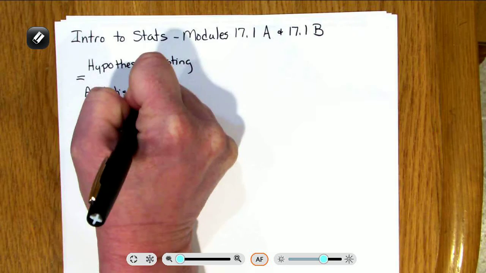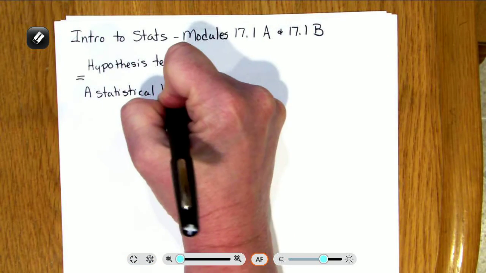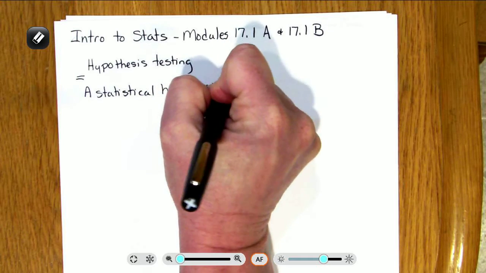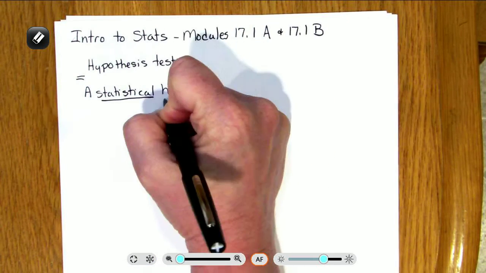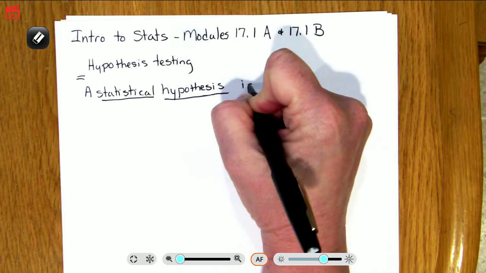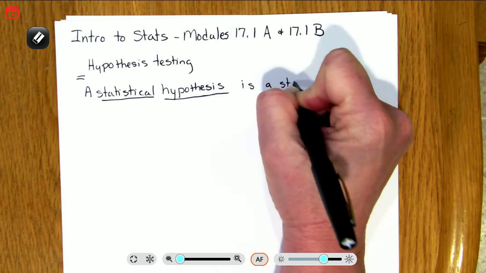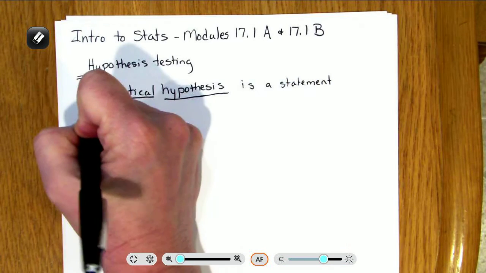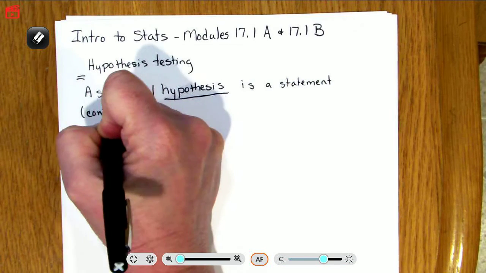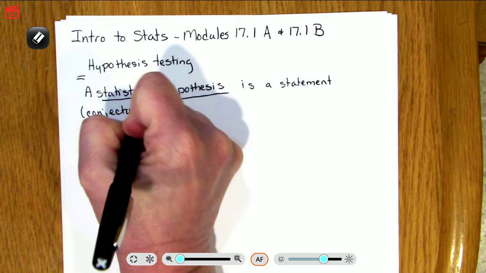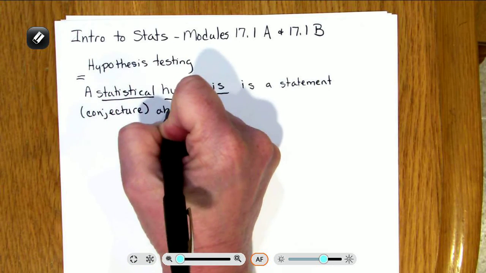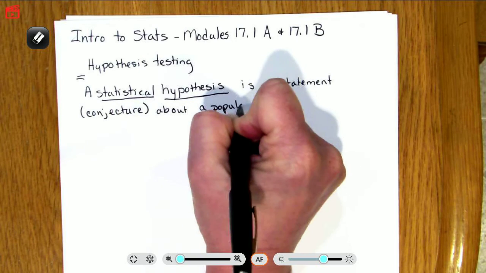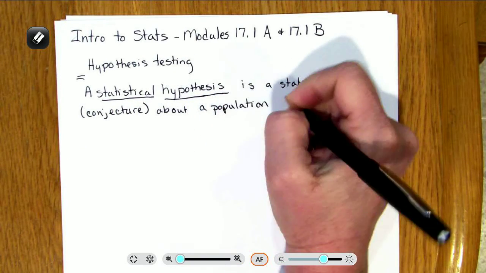So a statistical hypothesis, first of all, what that is, is a statement or a conjecture, make sure I spell these right, about a population parameter.